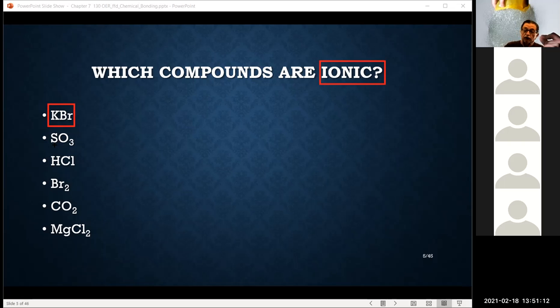But sulfur is a nonmetal and oxygen is a nonmetal. So that is not ionic. That would be a covalent compound. That, by the way, is called sulfur trioxide. Three oxygens meaning trioxide. And a very nasty smelling gas.